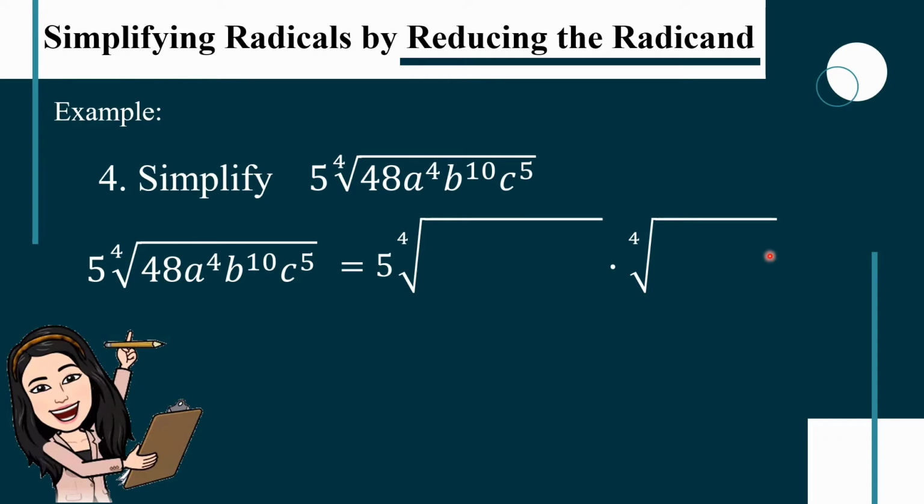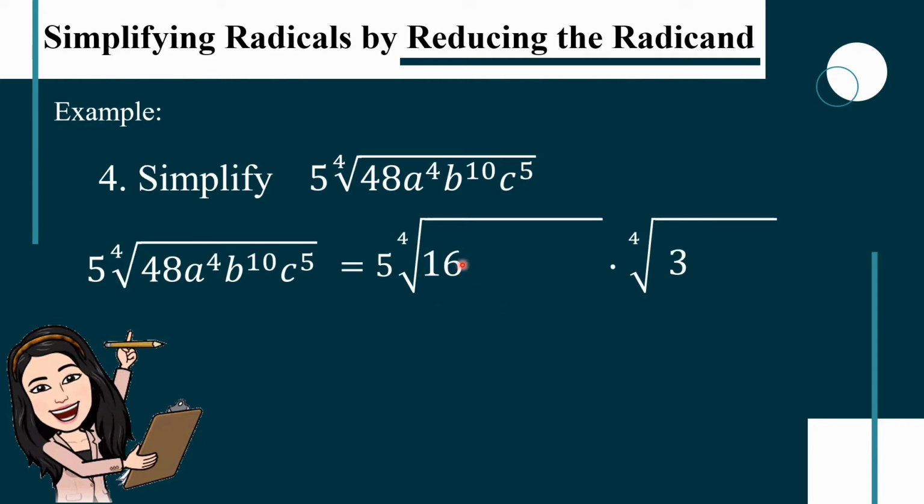Pagdating sa 2, no. Pagdating sa 3, 3 times 3 times 3 times 3, lumagpas na siya sa 48. So, therefore, ang 48 ay hindi perfect fourth root. Pag sinabing factors ng 48, ano yung dalawang number na pag minultiply natin will result to 48? So, that would be equal to 16 and 3.